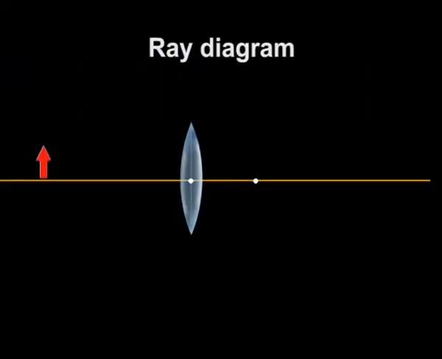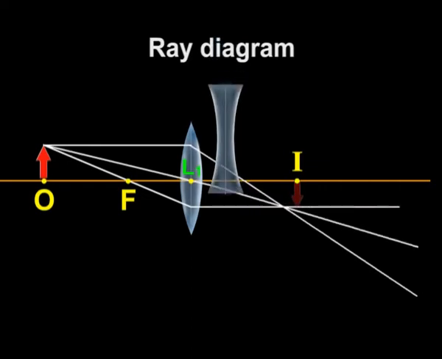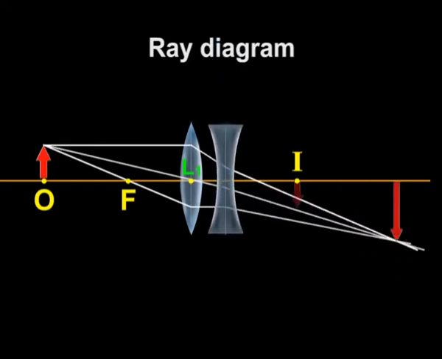Its ray diagram shows a convex lens on the screen with its principal axis. An object is lying beyond F at point O. The ray diagram shows an inverted image being formed beyond the lens at I. When a concave lens is introduced, keeping the object and convex lens at the same position, an image is formed at I dash.